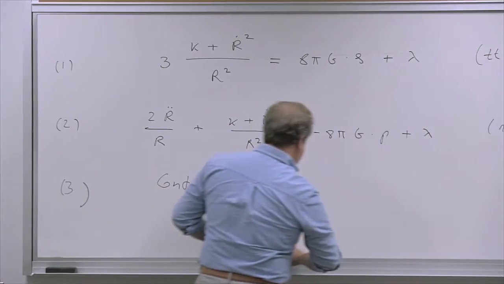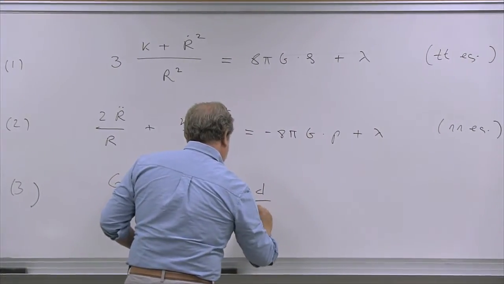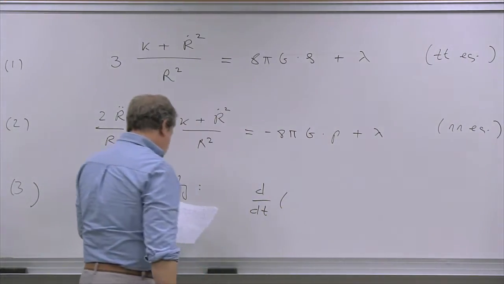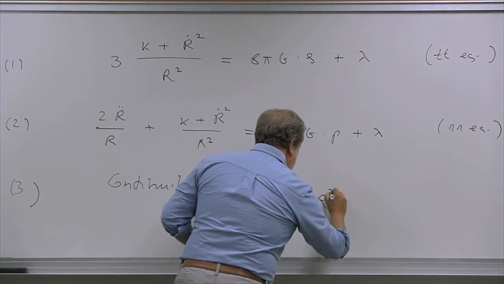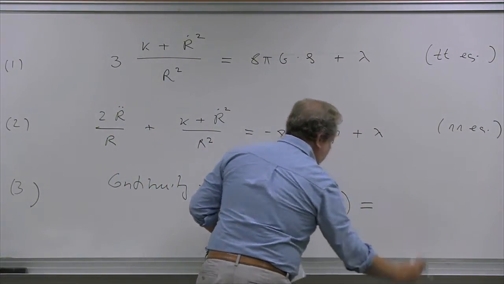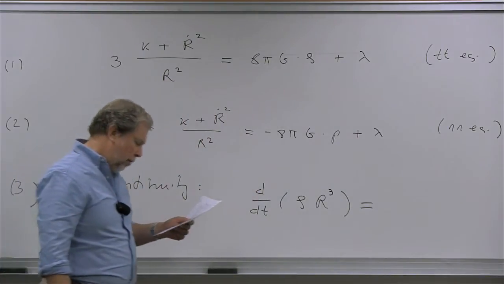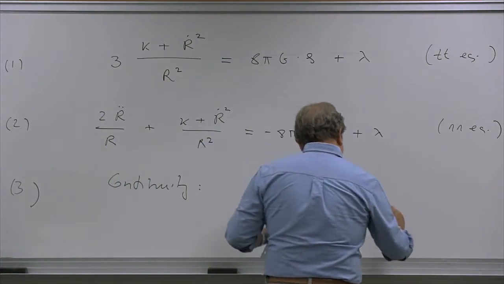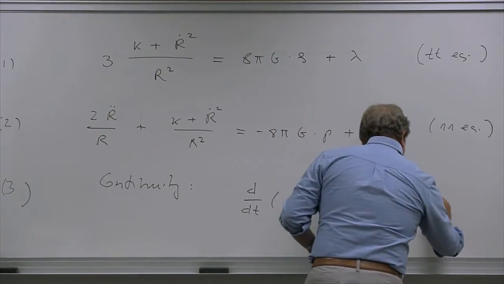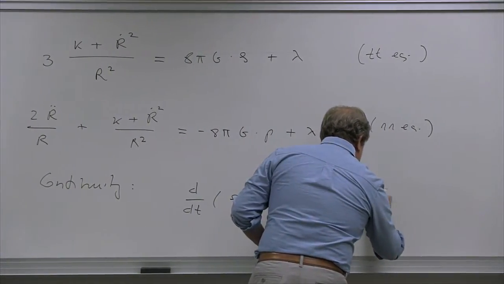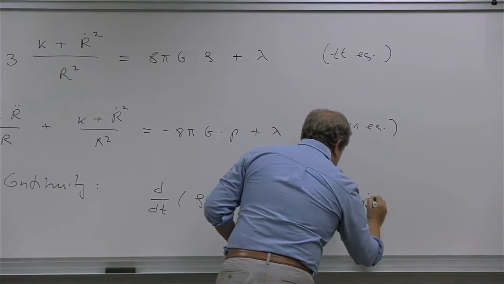So I'm going to rewrite it as just d by dt of rho r cubed. Rho r cubed is something that is proportional to the pressure term. So minus 3p times r squared times r dot. Okay.